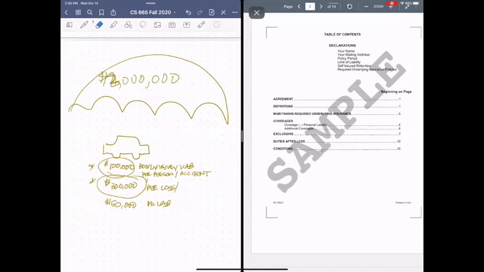And that $2 million umbrella policy sits on top of all of your other liability coverages, your cars, maybe you've got more than one, and your house. Maybe you're renting, it would sit on top of your renter's policy. Again, for liability coverage, losses that you are responsible for, not damage to your own property, but losses to others that you could be sued for.